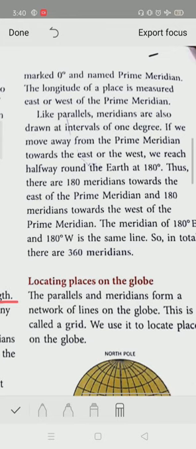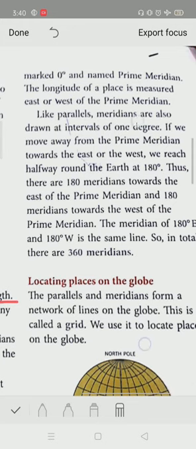Thus, there are 180 meridians towards the east of the prime meridian and 180 towards the west of the prime meridian. ठीक है, तो जब हम लोग प्राइम मेरिडियन से वेस्ट की तरफ जाएंगे तो टोटल 180. I will show you how, कहाँ पे 180 जाके कंप्लीट होगा, एंड ऐसे ही ईस्ट में.